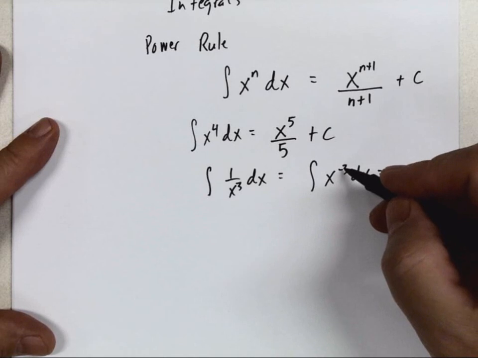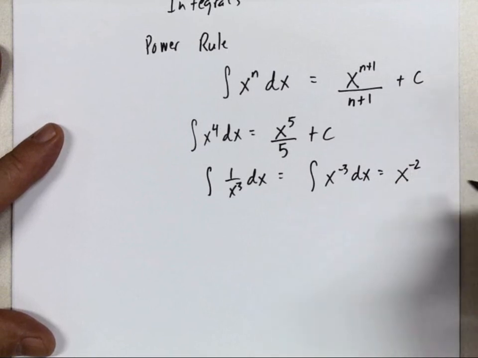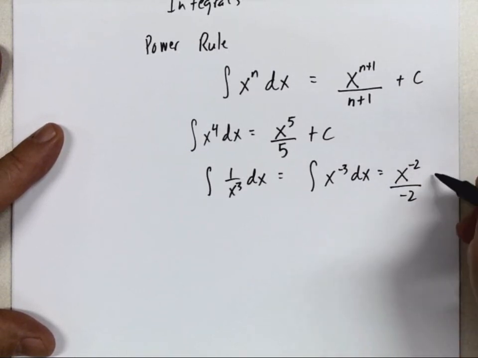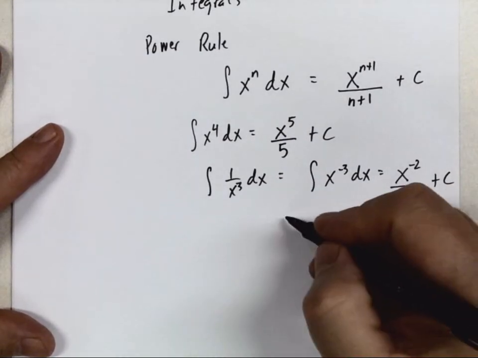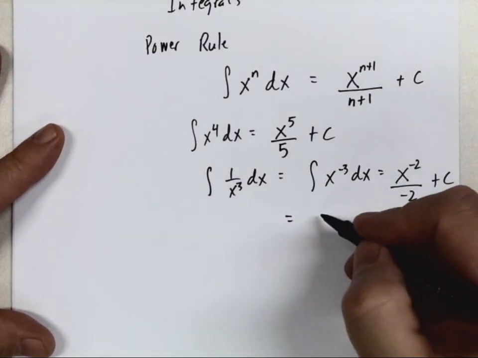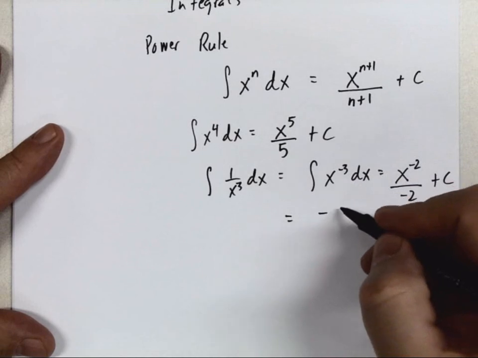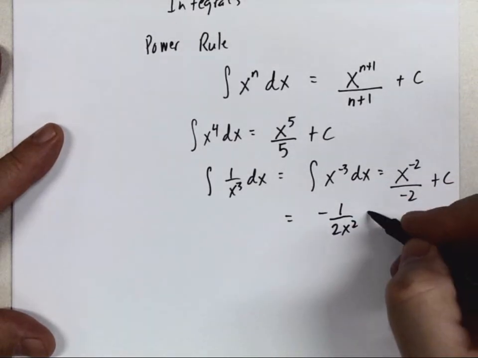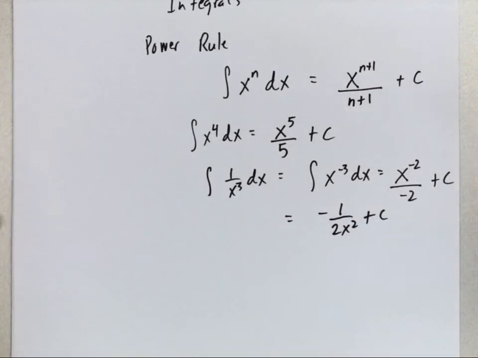So once again, here's my exponent. I'm going to add 1 to it. You add 1 to -3, you get -2. And then at the bottom of the fraction, -2, and normally, proper etiquette, this would be the normal way you'd probably see it written.